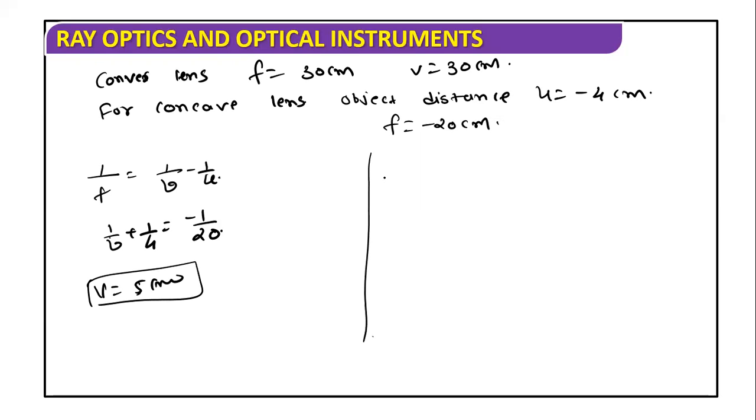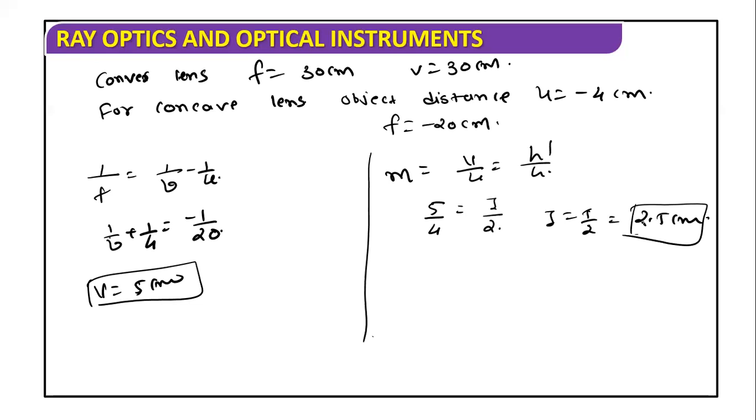Now the magnifying power m is equal to image distance upon object distance, that is equal to h dash by h. So 5 by 4 is equal to image size by 2. So the image size is 5 by 2, that is 2.5 centimeter.